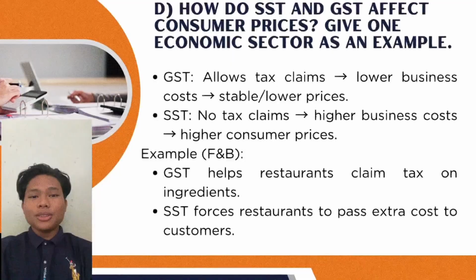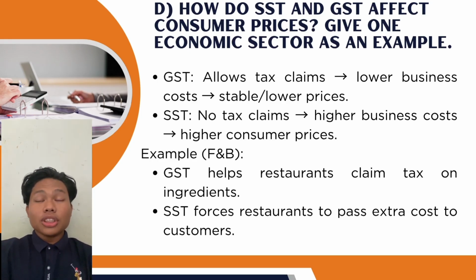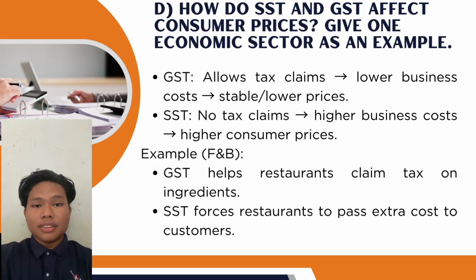Okay, next, how do SST and GST affect consumers' prices? SST and GST have different impacts on consumer pricing based on how they apply within the business supply chain. GST allows input tax credit, which allows the business to claim back the taxes paid on purchases. This reduces overall costs, eliminates tax on tax, and provides opportunities for price stabilization or perhaps even price reductions.